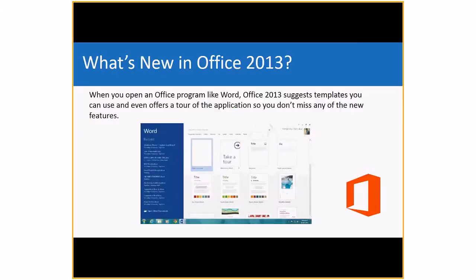One of the first things you'll see that I've really liked taking advantage of is when you open up an Office program, in this case Word, Office 2013 will automatically suggest templates you can use, and it even offers a tour of the application. So if you have a new document that you're opening in PowerPoint or Excel or Word, Microsoft has built in a little tour for you. So it's online training already in the application.